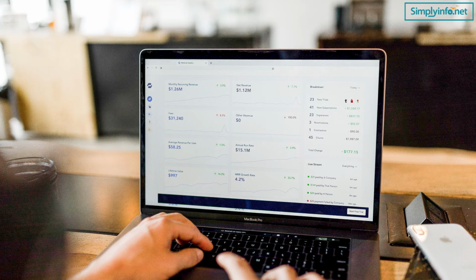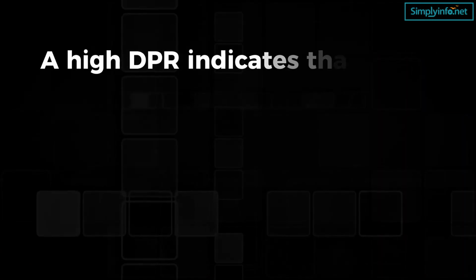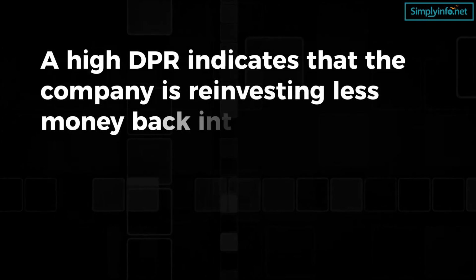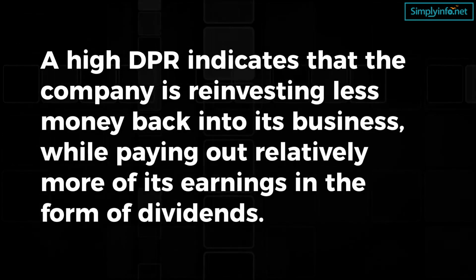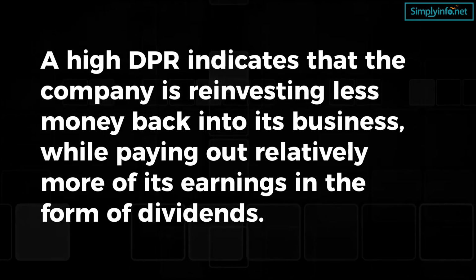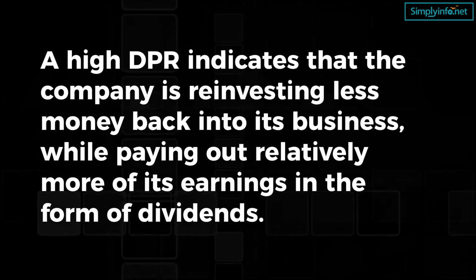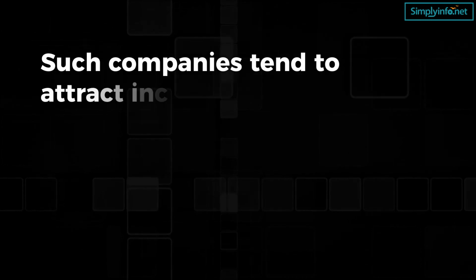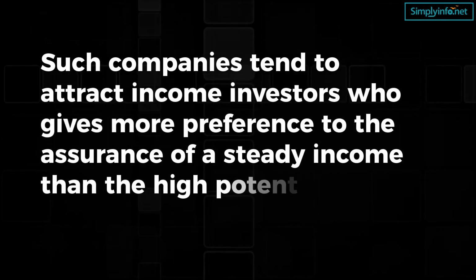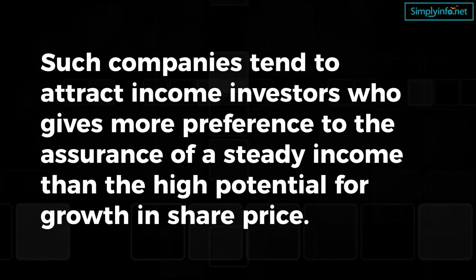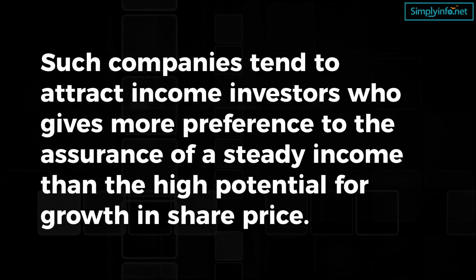These two sources are related, as a high DPR indicates that the company is reinvesting less money back into its business while paying out relatively more of its earnings in the form of dividends. Such companies tend to attract income investors who give more preference to the assurance of a steady income than the high potential for growth in share price.